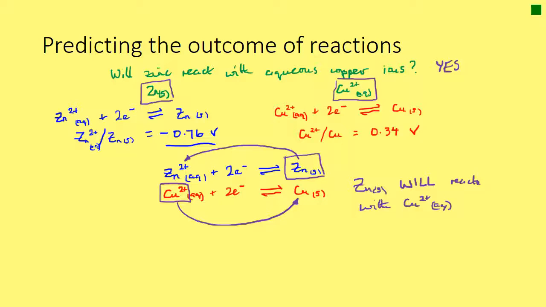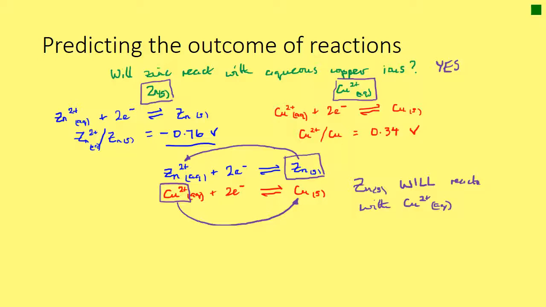If you did the same for copper, you would see copper 2 plus and copper given an electrode potential of positive 0.34 volts. So that's what you would read off the electrochemical series.